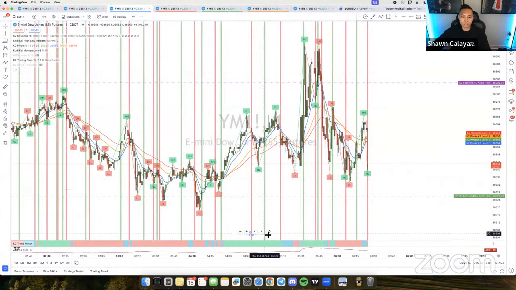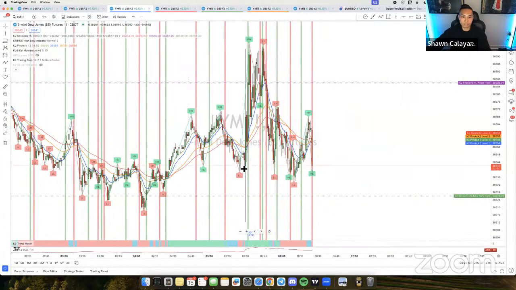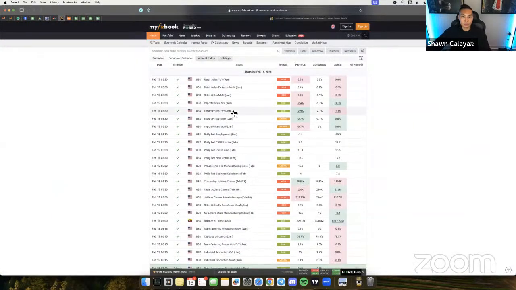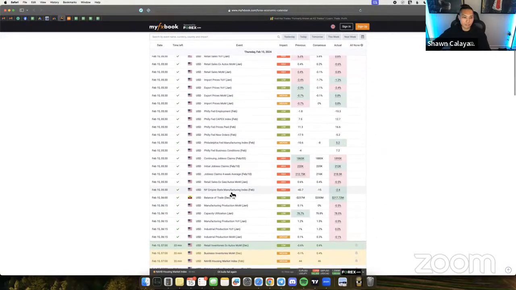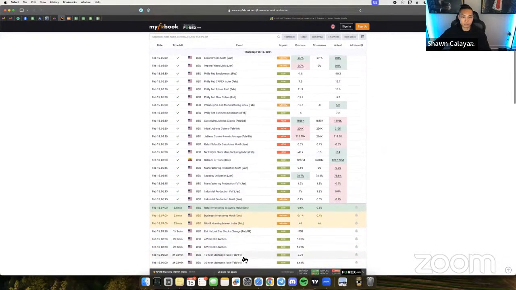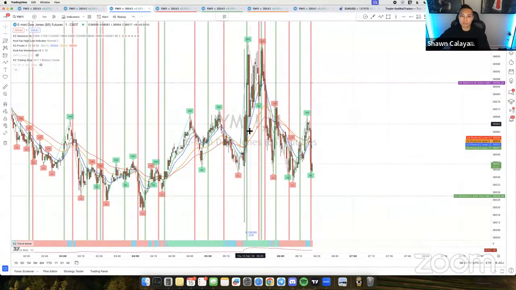Here is our main chart. There's a lot of news events that came up today. Obviously, this big candle, I think it was the PPI information. So we had retail sales over here at 5:30, import, export. So news at 5:30, a lot of high impact. News at 6, so 5:30, 6, and 6:15. And then we got more at 7 and 7:30. So 5:30, 6, 6:15.